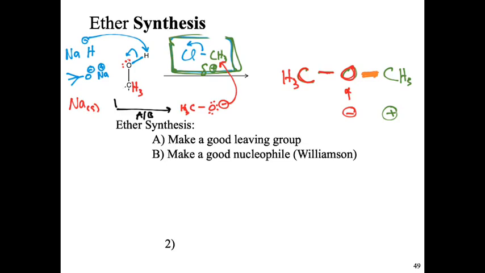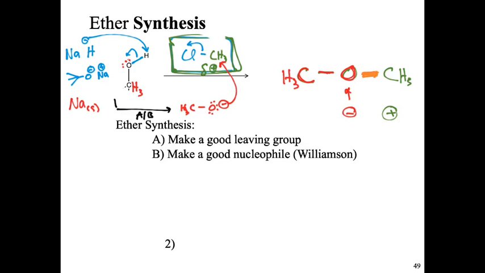And we've now done an ether synthesis. The synthesis you just came up with on your own, in theory you read about it, but maybe you didn't, is the Williamson ether synthesis. That process was making a good nucleophile. We made the nucleophile better so that it could react. Could we have also made a good leaving group? Yeah.